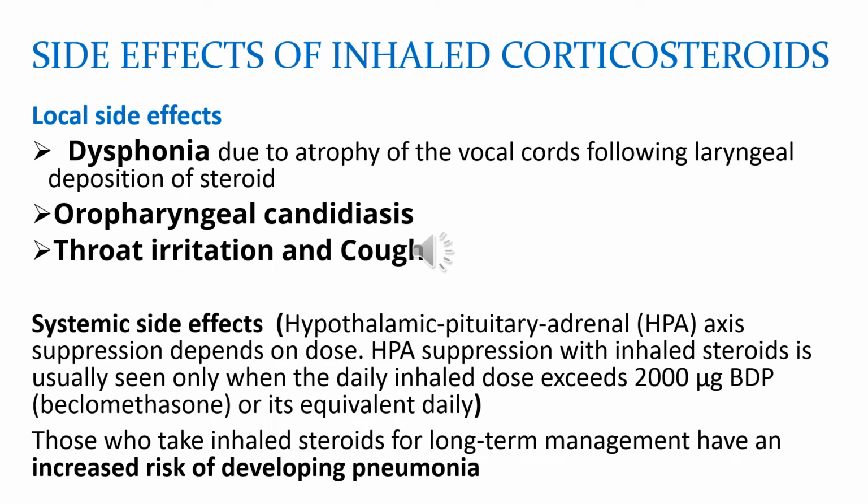HPA suppression with inhaled steroid is usually seen only when the daily inhaled dose exceeds 2000 microgram beclomethasone or its equivalent daily. Those who take inhaled steroid for long-term management have an increased risk of developing pneumonia.